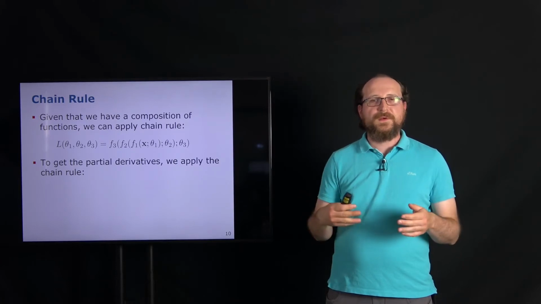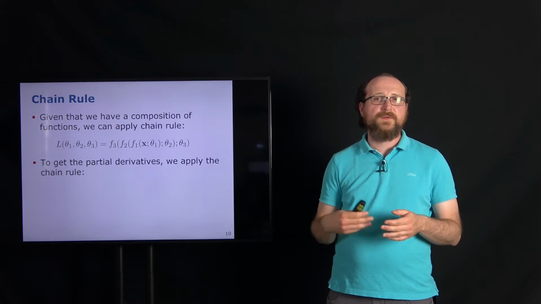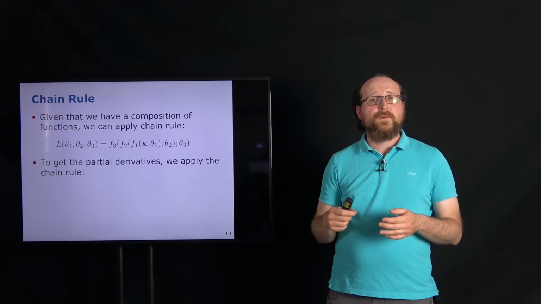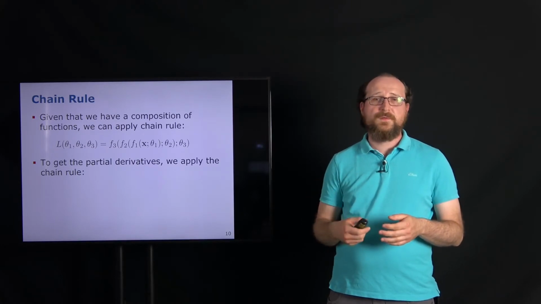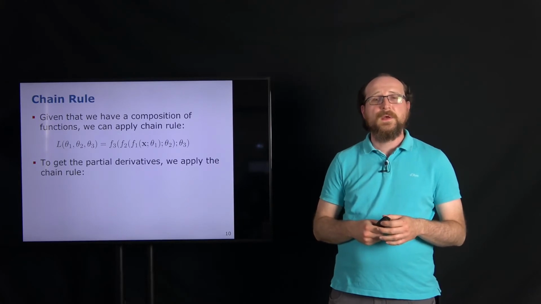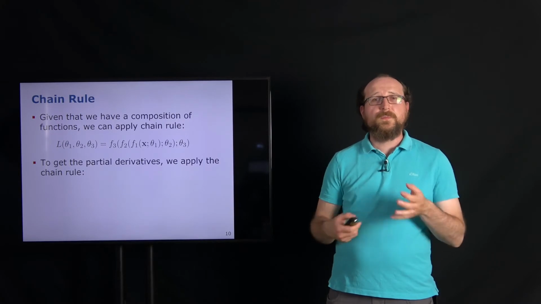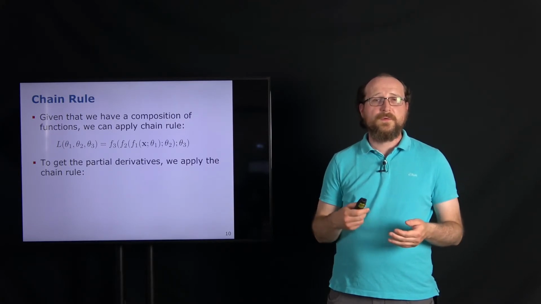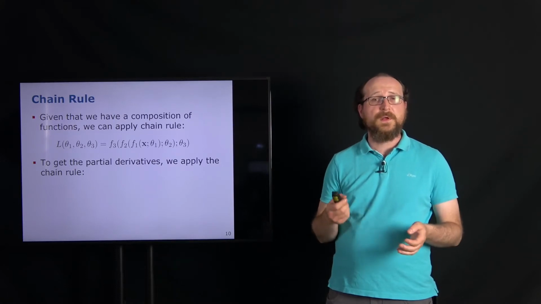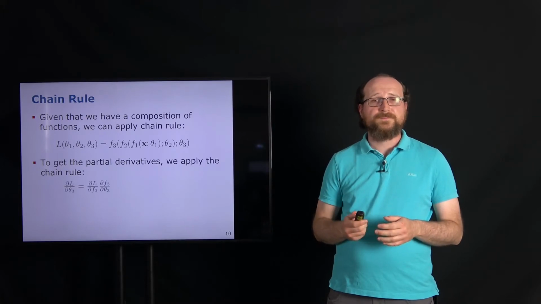That means we have f1 of x, which gives us an output, which is then put into f2 with its own parameters, theta 2, and then the output of this is put again into a function f3, and this is then the result in the end. To compute the partial derivatives, we want to compute the partial derivative of L in respect to the individual thetas. We can now apply the chain rule.